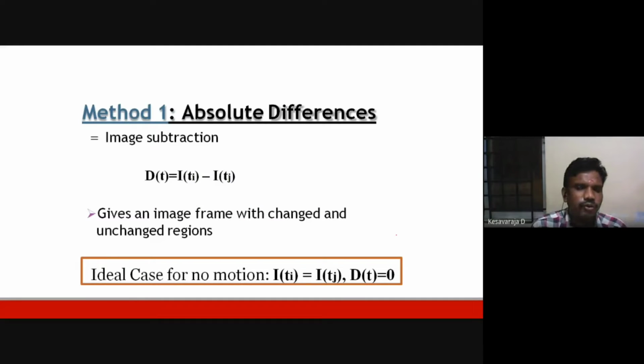The first and foremost basic methodology is called absolute difference between frames. A video comprises a collection of frames, and you take the difference between two frames, for example frame I of Ti and I of Tj. Just subtract. That is called background subtraction. Just subtract two frames.